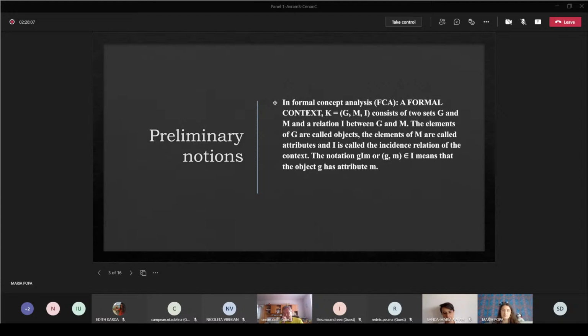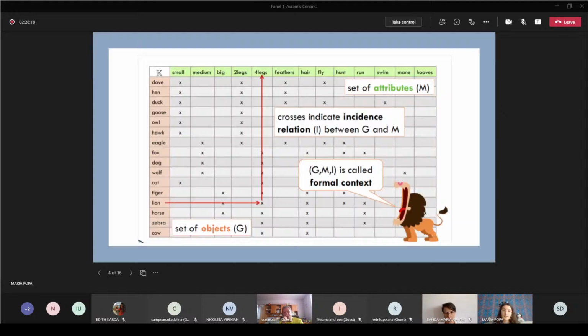If you think about the real world, almost everything is a formal context if it contains objects and these objects have attributes. For example, here we have the context of a zoo. Maybe you ask yourself how we can design this context and display it. We do it through tables where we have the objects as rows and attributes as columns, the other way around, sorry.